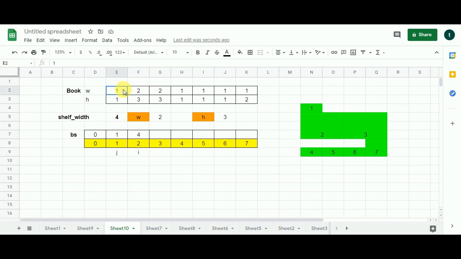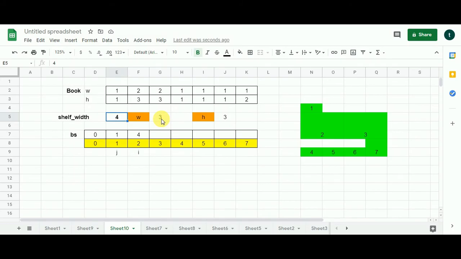For that we have to first check whether the combined width is less than 4. Till now the running width was 2. 2 added to this 1 is going to give me 3. This is the combined width of both the books. 3 is less than 4. That means there is a chance of placing both the books together in a single shelf.